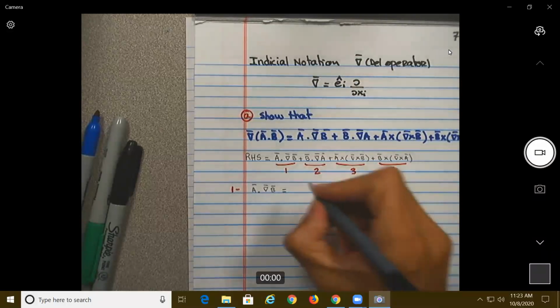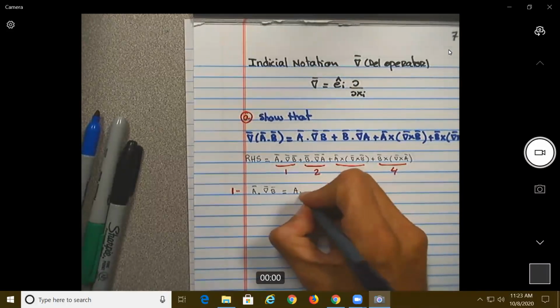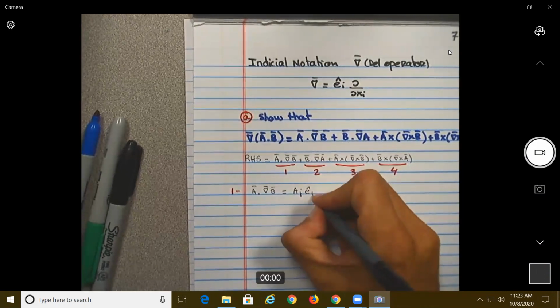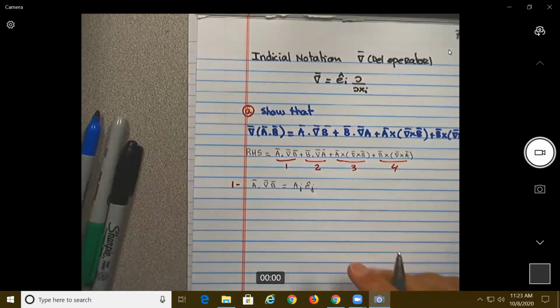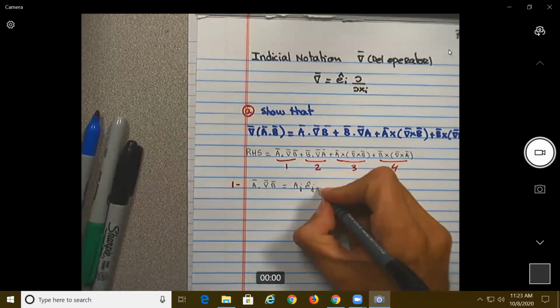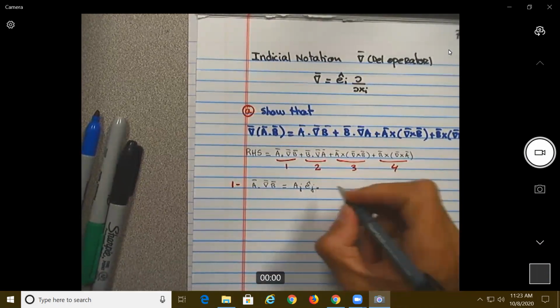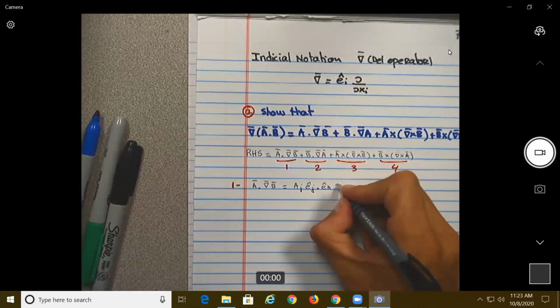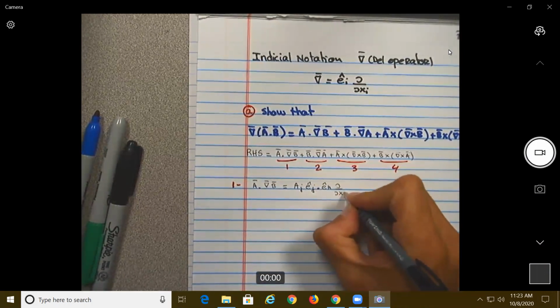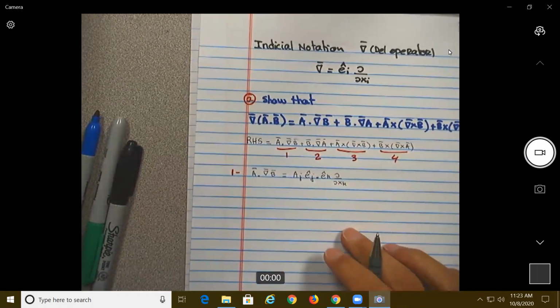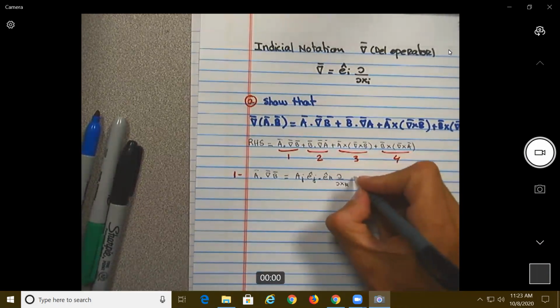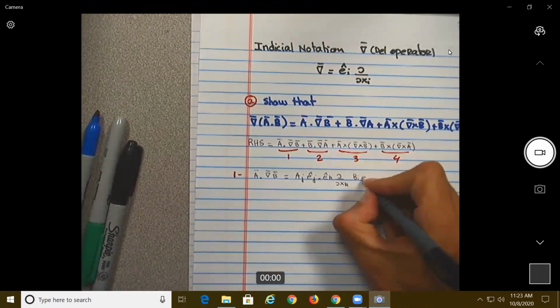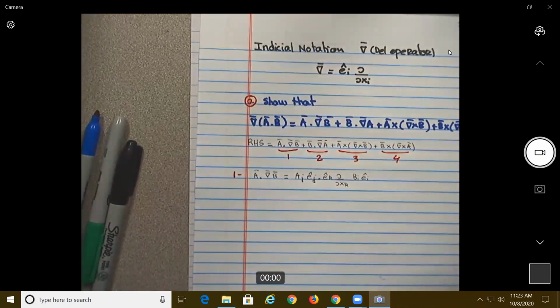So this will be, let's say, A sub j, e sub j. Then the del operator, but the dot here, will be e sub k partial of x sub k, times B sub i e sub i.